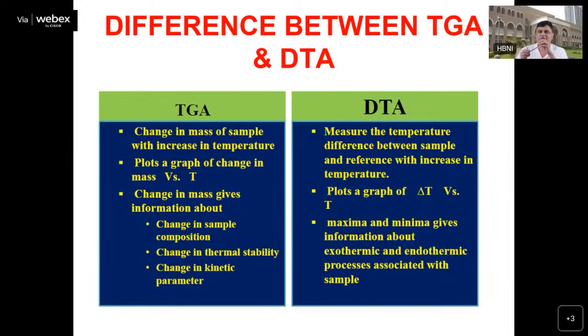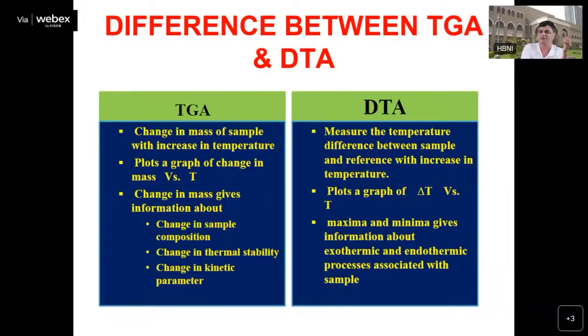So what is the difference between TGA and DTA? In TGA, we record the change of mass of the sample with increase in temperature, and plot a graph of mass versus temperature. Whereas in DTA, we measure the temperature difference between the sample and the reference, and what we plot is delta T, the temperature difference, versus temperature.